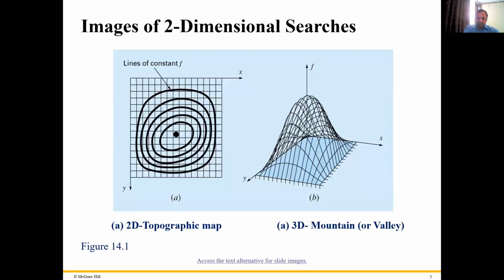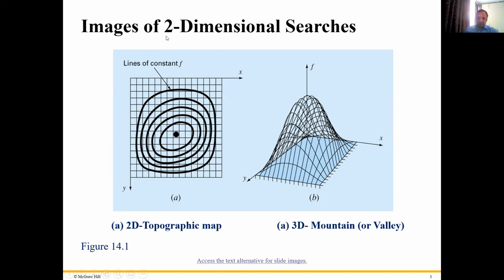Talking about the direct method, we can view multidimensional optimization as a technique in which we have a function in the form of a mountain.